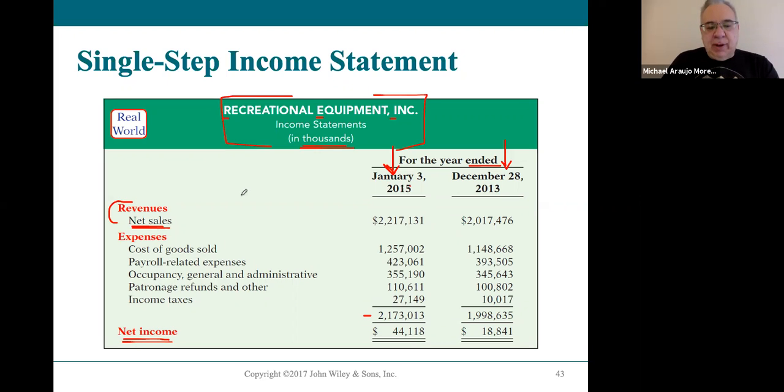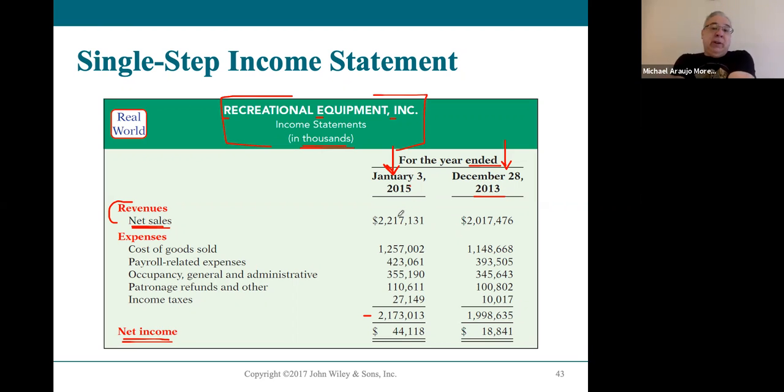So, for example, their net sales for their fiscal year ending December 2013 look like 2 million, but when you add 3 zeros, it's 2 billion. And their sales increased to 2.2 billion. So that's about a 10% jump in sales.